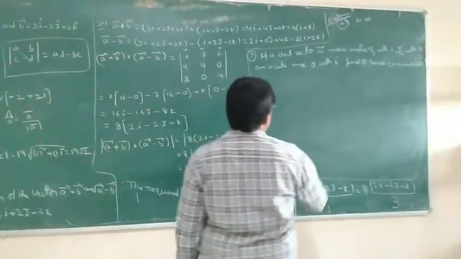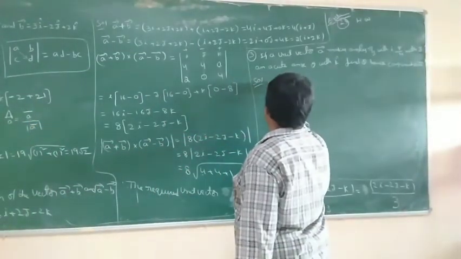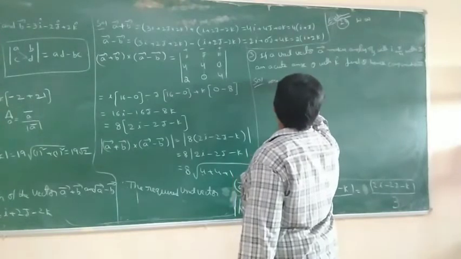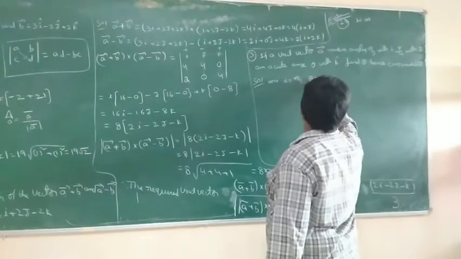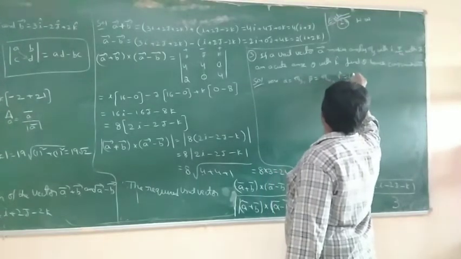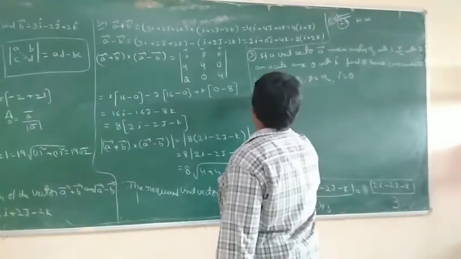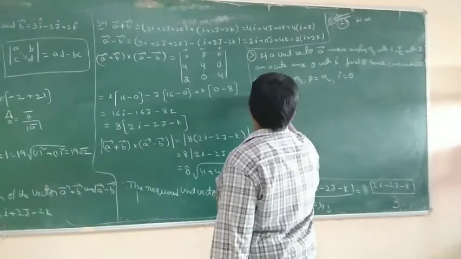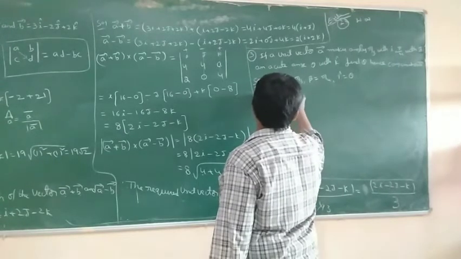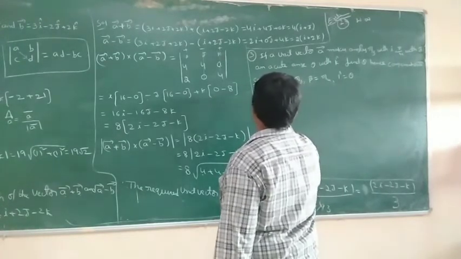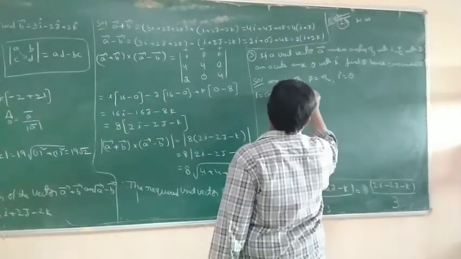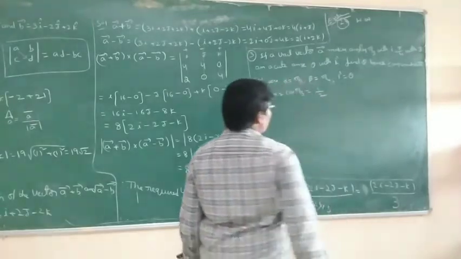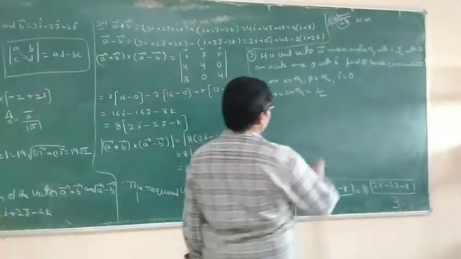So here, alpha is equal to pi by 3, beta is equal to pi by 4, gamma is equal to theta. So l is equal to cos alpha, cos pi by 3; pi by 3 is 60 degrees, cos 60 is 1 by 2.